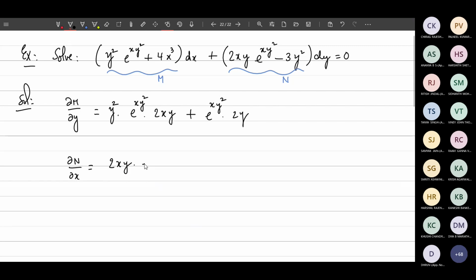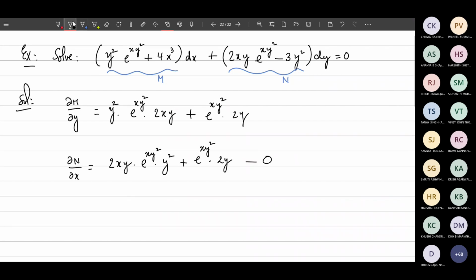So this means e power xy square into the derivative of xy square with respect to x, which is just y square, plus 2y into e power xy square, since the derivative of 2xy with respect to x, with y constant, is 2y. The derivative of minus 3y square with respect to x is 0.